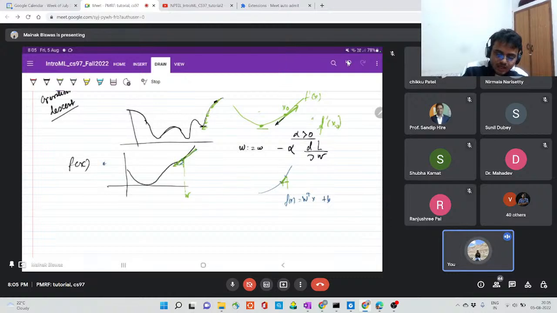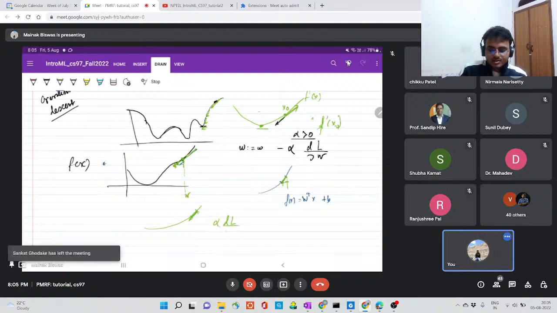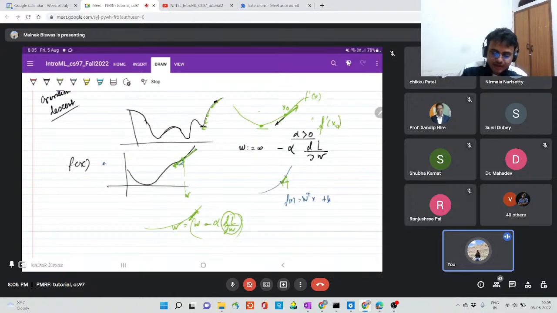If we take a very small step size along this vector, we'll trace this curve itself, right? Is that okay? Yes. So this is the vector along which I want to move. I'll take a small step size along this direction to give W. So this is the vector direction.